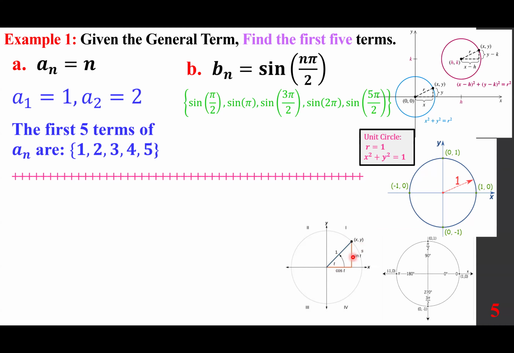Therefore, sine, the opposite, represents the y, and adjacent represents the cosine. Therefore, x is cosine t, y is sine t.